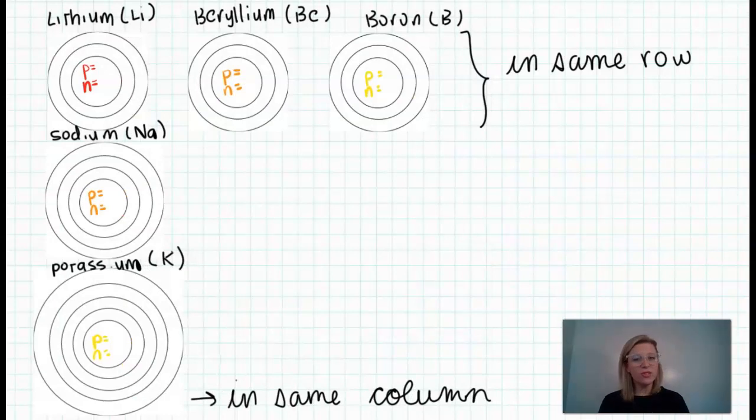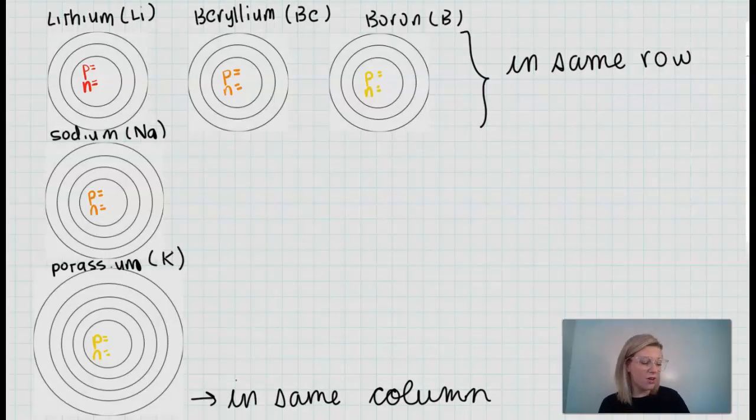So I want to first start off the conversation with something that we've already learned, which is our Bohr diagrams, and sketching through those Bohr diagrams to help us see what these elements have in common with one another. So let's first start with our Bohr diagram of lithium. Lithium is element number 3, okay?